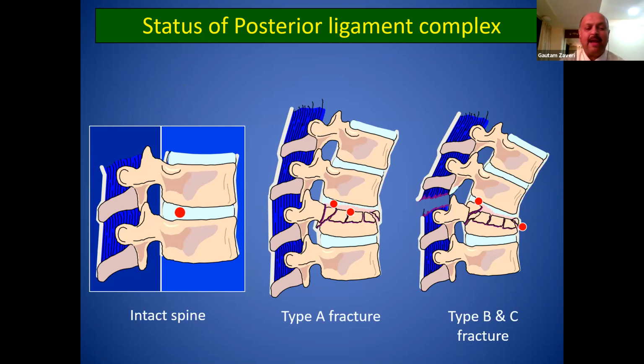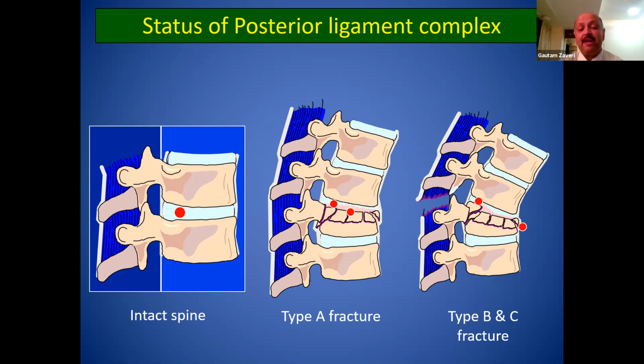In an intact spine, the center of rotation of the spine lies in the posterior 1/3 of the disc. In a patient who has a type A compression fracture where the posterior ligamentous complex is injured, the center or instantaneous axis of rotation moves slightly forward and downward, but it is still within the vertebral body, and therefore potential for kyphotic instability is less.